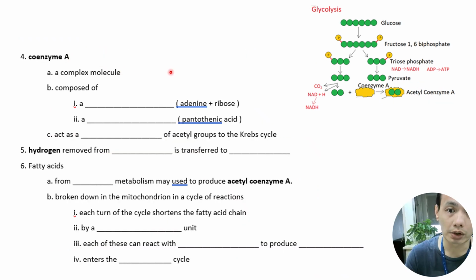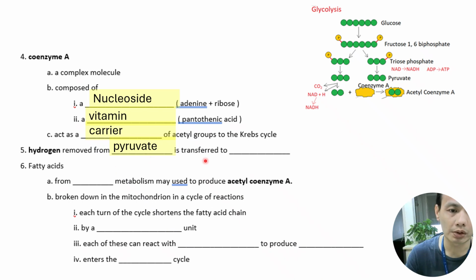Coenzyme A is a complex molecule, this yellow color thing, composed of a nucleoside and a vitamin. Okay, it's not very important. It acts as a carrier of the acetyl group to the Krebs cycle. So you imagine that it is another taxi driver bringing these 2 green circles into the Krebs cycle.